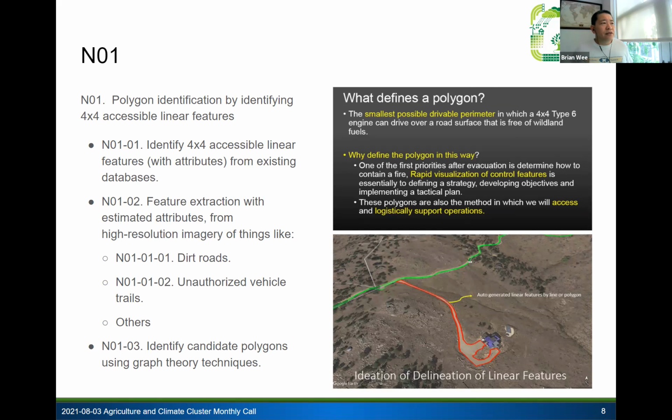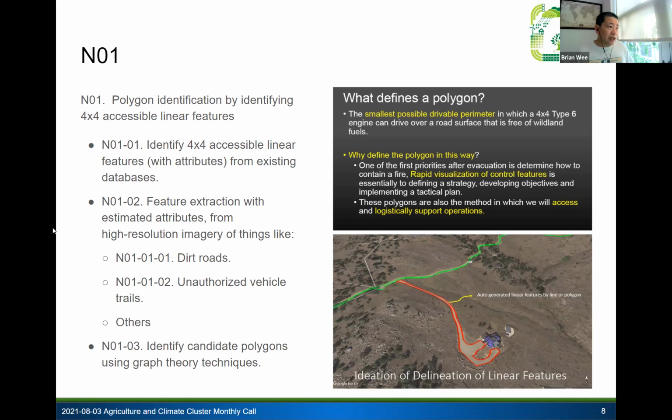Dave Zader, this need came out of these slides on the right-hand side that you see, these are slides from Dave's presentation. The need, number one, is polygon identification by identifying 4x4 accessible linear features. But what I think we should concentrate on are the more detailed needs.